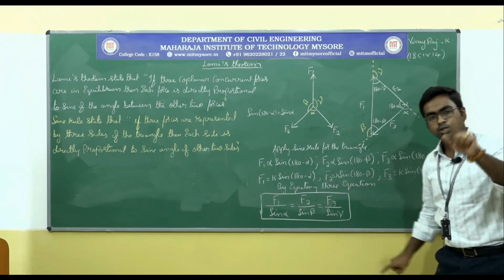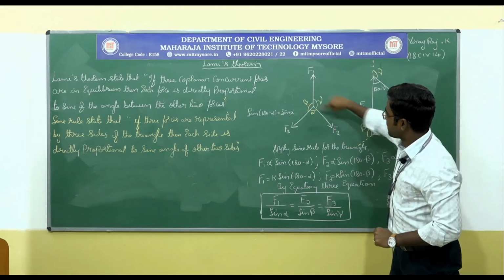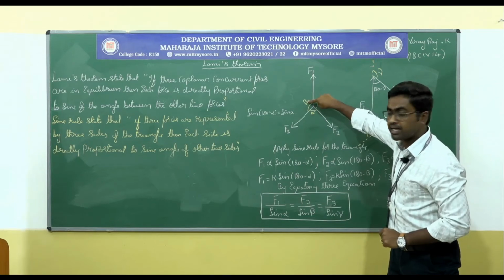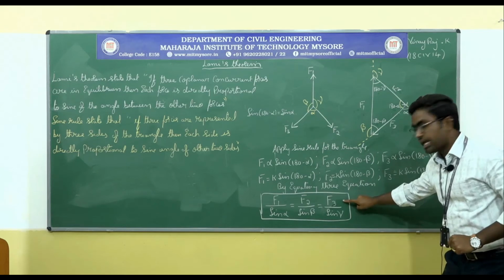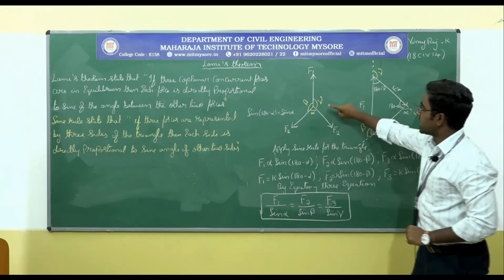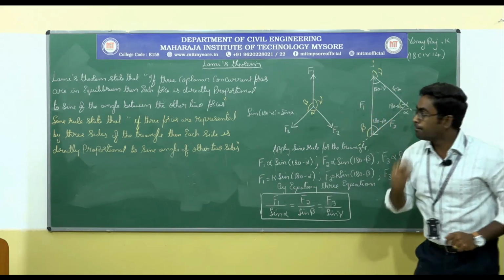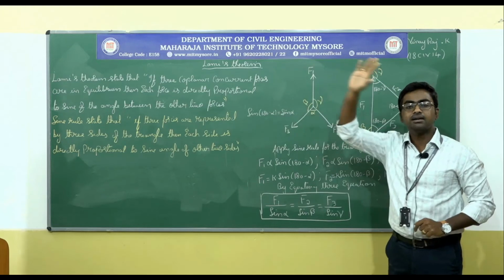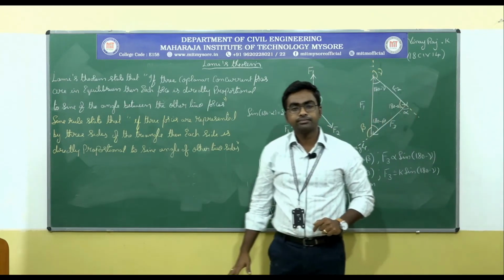F2 is proportional to sine beta, and beta is the angle between the other two forces. F3 is proportional to sine gamma, and gamma is the angle between the other two forces. Thus it proves the statement of Lami's theorem. Right?